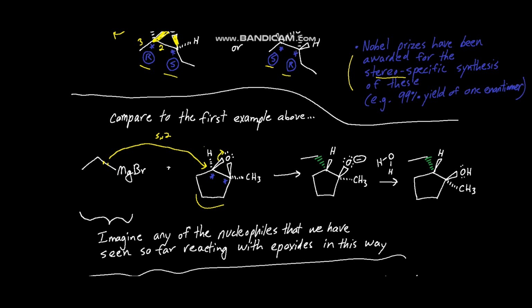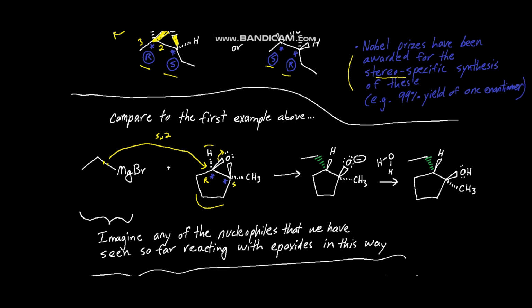The hydrogen's going to invert. And what is the stereochemistry here? Configuration, I should say. 1, 2, 3. This is R. 1, 2, 3. This is S. Okay, so keep track of that.